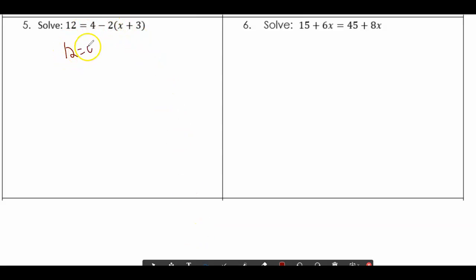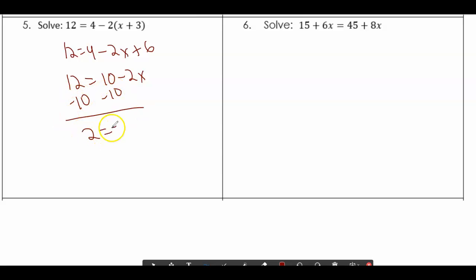Here I cannot simplify 12 any further. I can distribute that 2. Now I want to simplify each side. I made a mistake again.